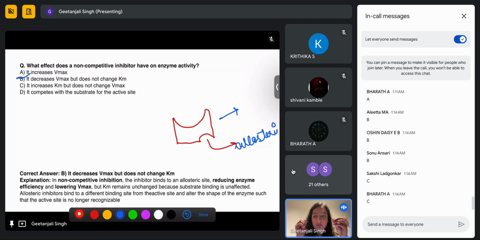But in uncompetitive, it first lets the substrate come to the active site, form the enzyme-substrate complex, and then the inhibitor binds to the enzyme-substrate complex.